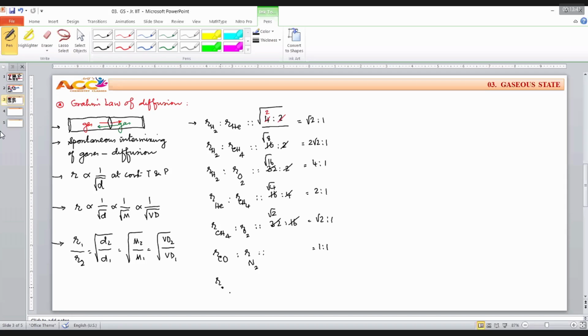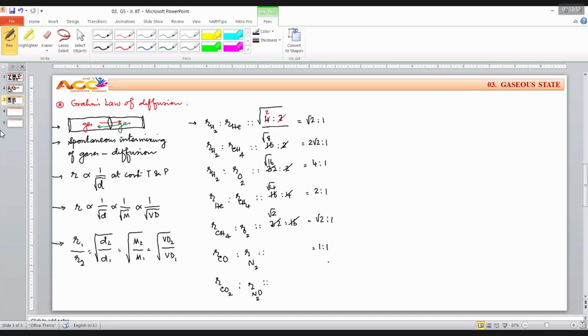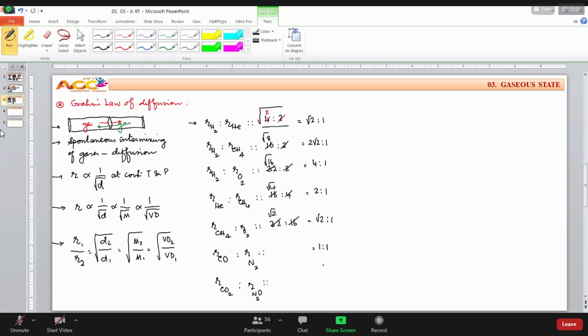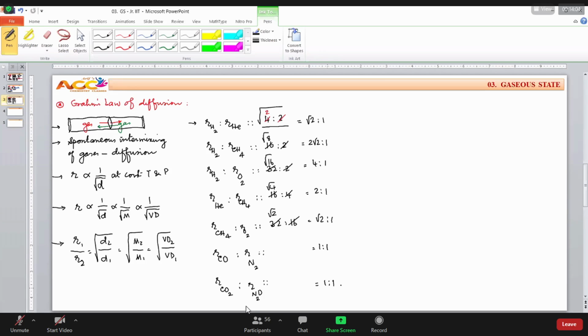Very good. Rate of diffusion of carbon dioxide to nitrous oxide. Go ahead. Muhammad Shoaib is saying 1:1. Is it correct or wrong? Anybody else? Yes, 1:1 because both of them have the same molecular mass.